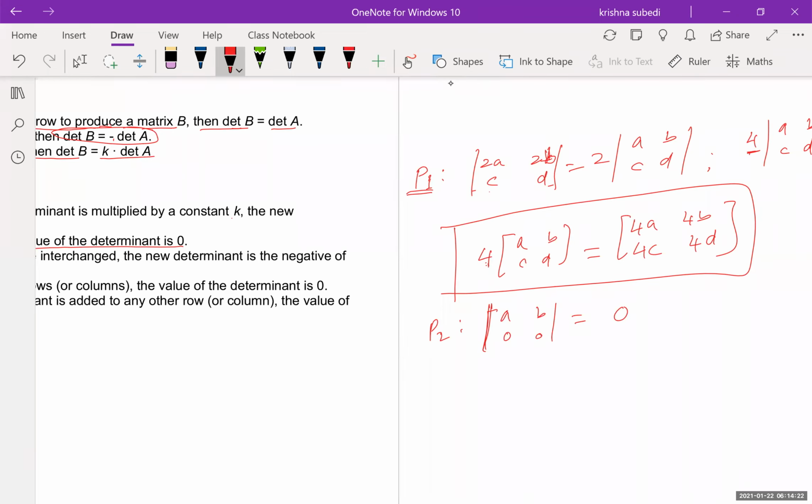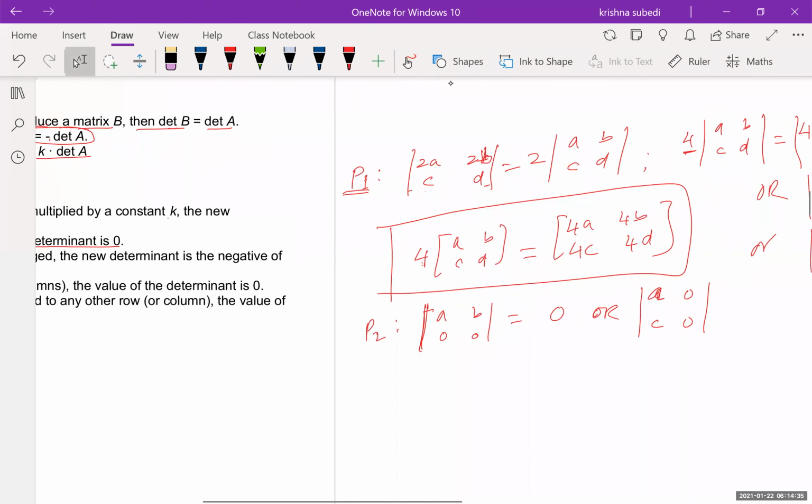Because notice that if you cross multiply, then you'll get 0, right? Or you can also say that if you have column, let's say A, C, and 0, 0, then this also will be 0. If there are all zeros in one row or one column, then the whole determinant will be 0. That's what it means.